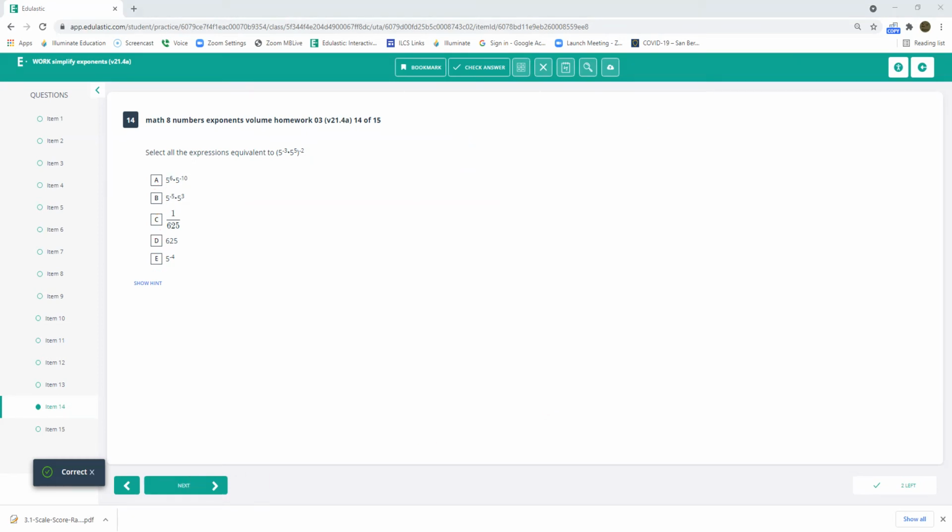Same idea. Select all the expressions that are equivalent to this. So this is 5 to the negative 3 times 5 to the 5th. That's going to be 5 to the negative 2 because of the base add. Then negative 2 times negative 2, which is 5 to the 4th, which is 625.